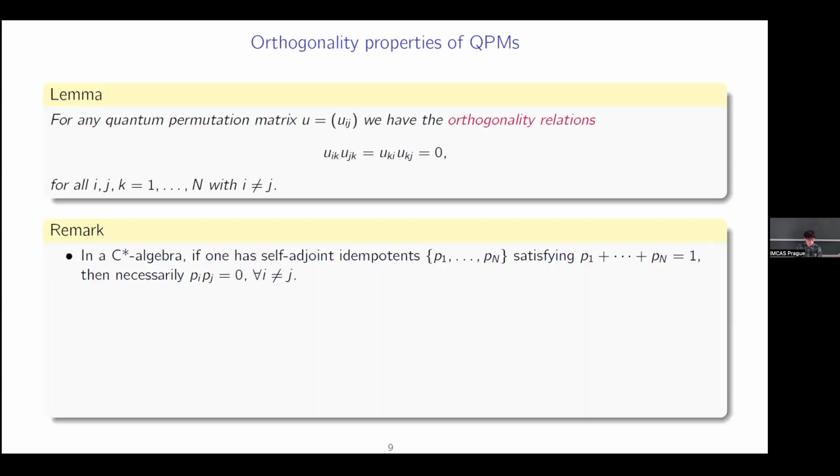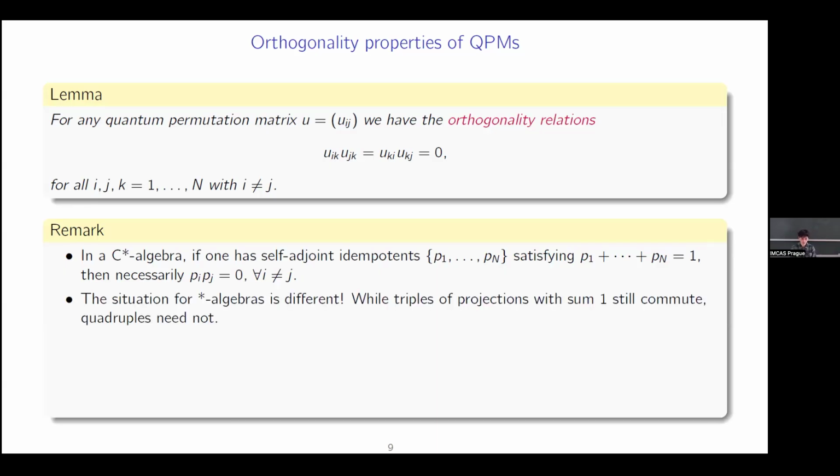A remark is that in the case of C-star algebras, if one has self-adjoint idempotents P1, P2, and so on, that sum to 1, then necessarily the product of P_i and P_j has to be 0 for each i not equal to j. But if we don't necessarily consider C-star algebras, but just star algebras, the situation is a little bit different. For example, we have a triple of projections that sum to 1 that still commute, but quadruples need not commute in general.